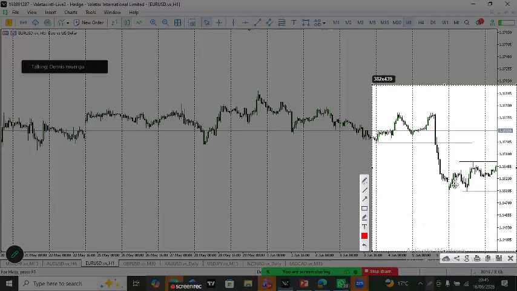Now, does its normal thing in the sense that if we had price action breaking below there, that would signify the beginning of a real continuation of the downtrend.